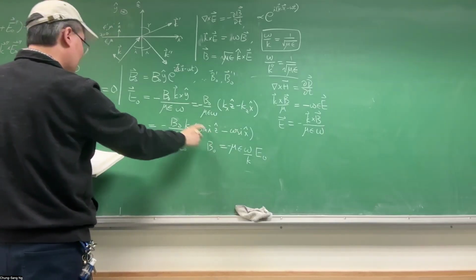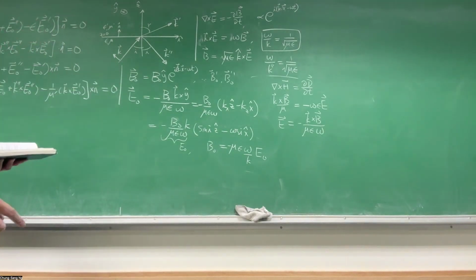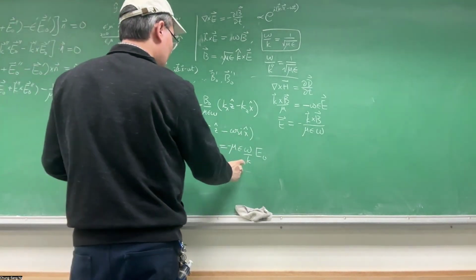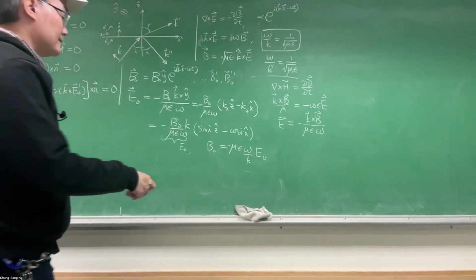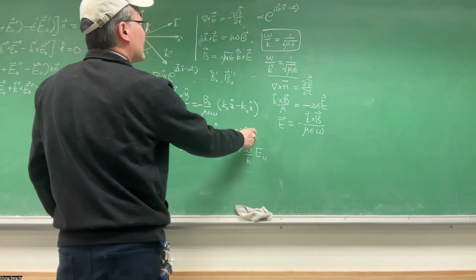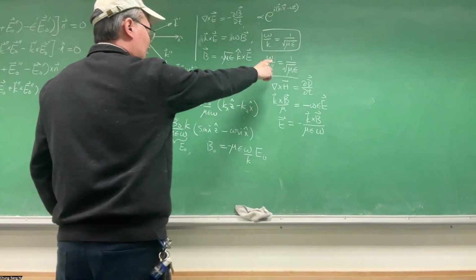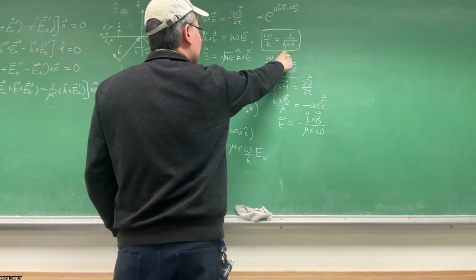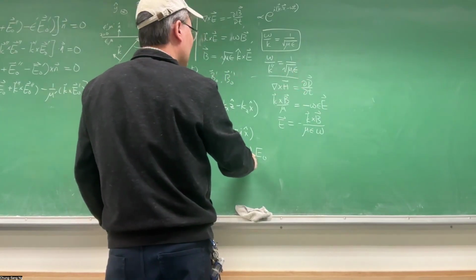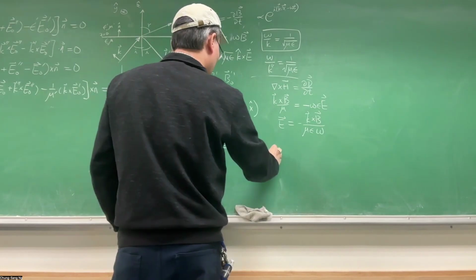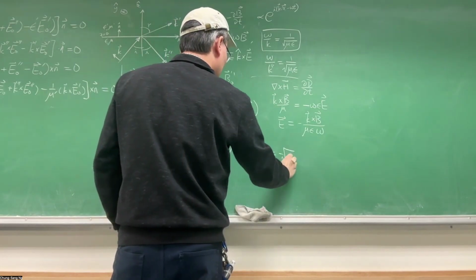E0 times this vector is defined in this direction. Given by this, and then you can use omega over k is this one, and omega over k is 1 over this. So this is basically minus.